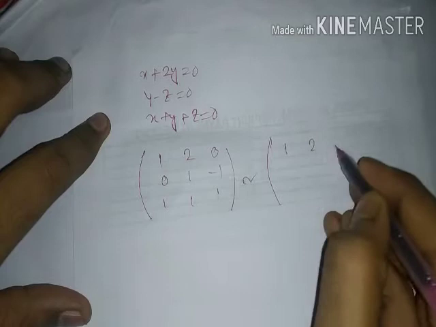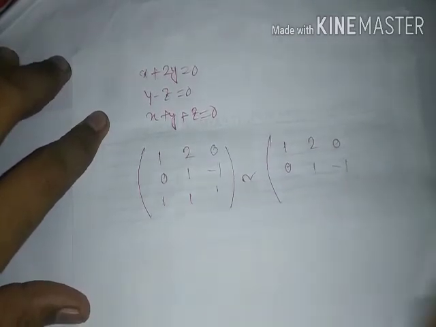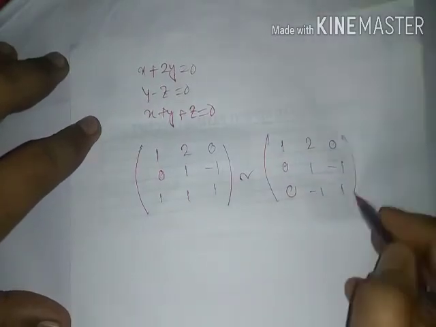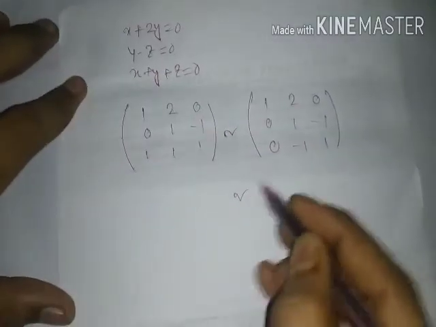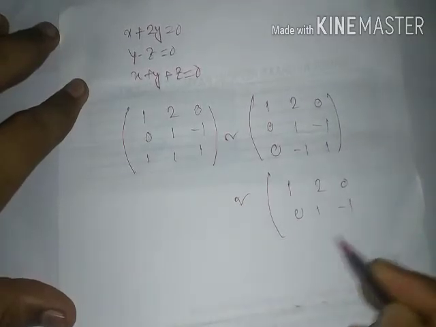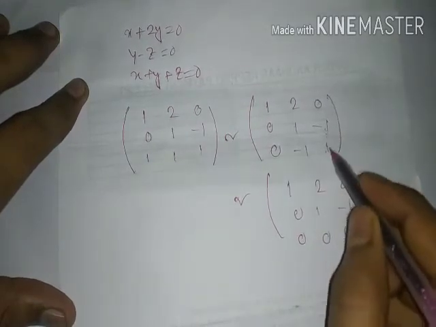So 1 2 0, this is 0 1 minus 1, this is 0 minus 1 1. So this can be written as 1 2 0, 0 1 minus 1, 0 0 0 if we add these two rows.